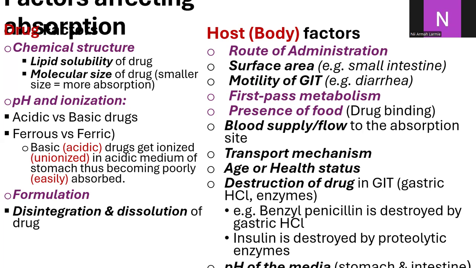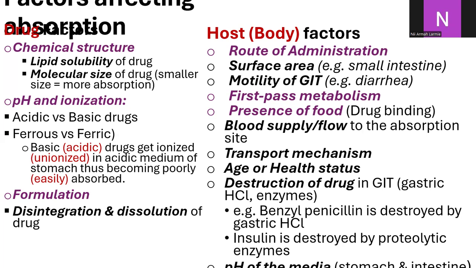The presence of food or other drugs in the GI tract can also affect the amount of agents or drugs that are absorbed. Some drugs prefer food, like riboflavin, where you need an oily meal, or artemether lumefantrine, where you need a meal.